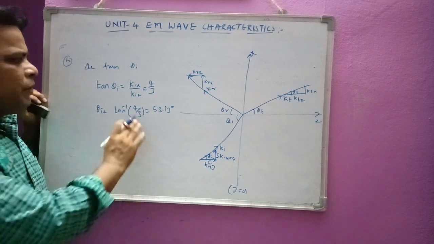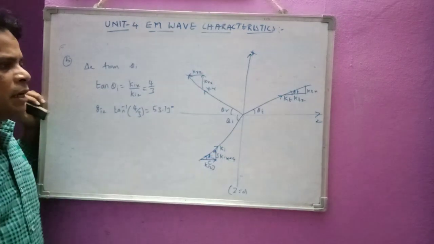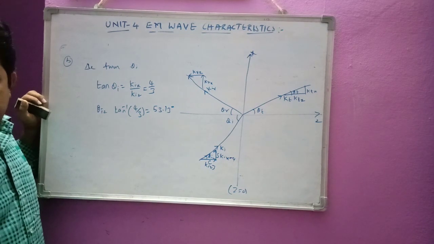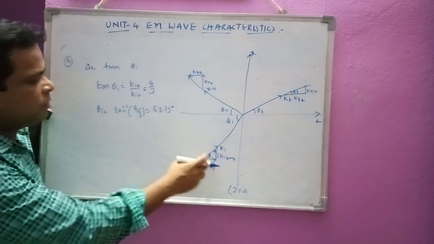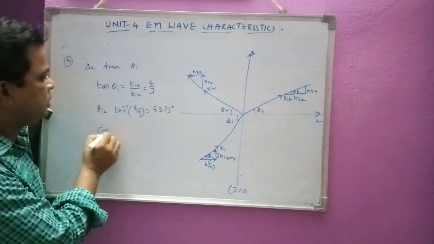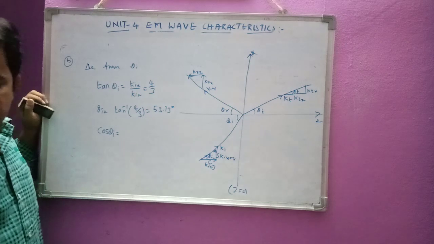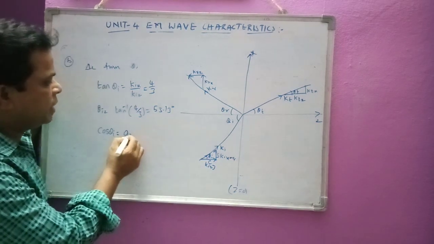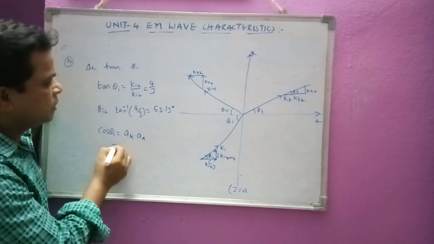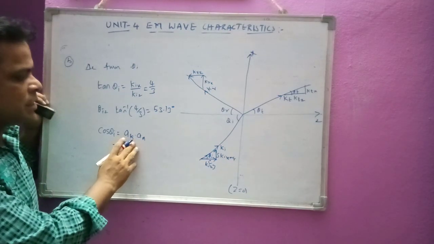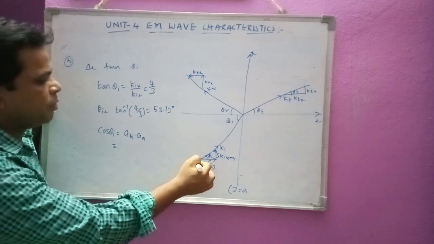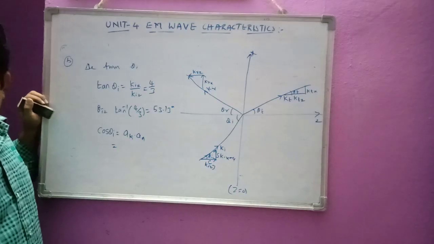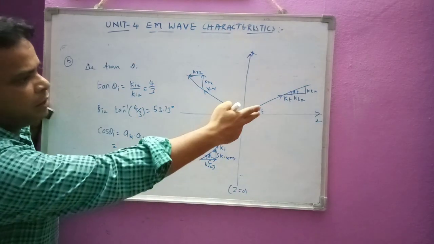We can also find this angle of incidence in another way. From the dot product of two vectors, cos theta i equals ak dot an, where ak is the unit propagation vector and the normal vector is az.